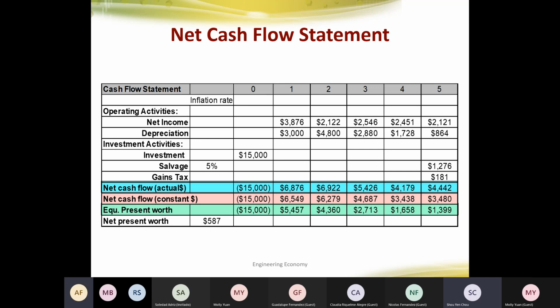Then we can convert directly from net cash flow to equivalent present worth. Okay, that we can do too. But anyway, in this table they show the process of discounting in two steps so that you understand. You can see the numbers and understand the impact of having inflation in the cash flow. Okay, so next.